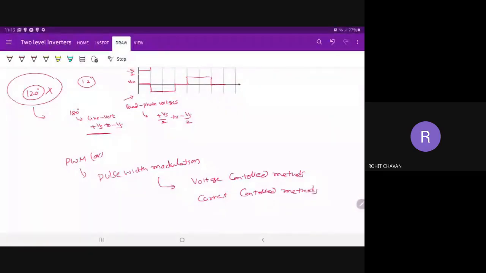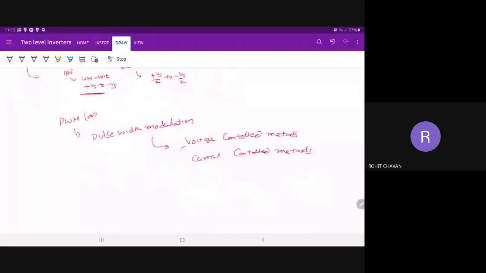In case of voltage control methods, the output voltage is controlled. Normally this voltage control is required when you are operating an induction motor drive.